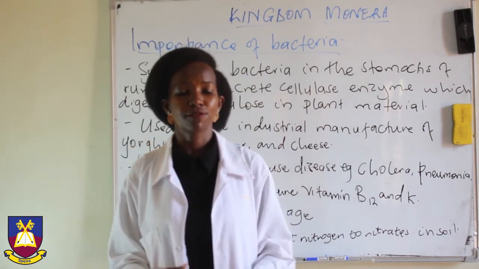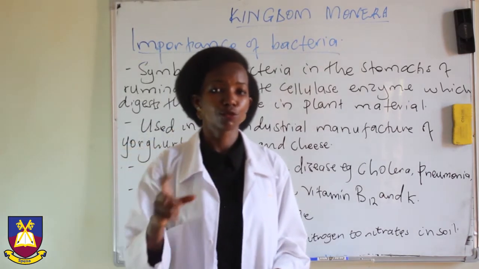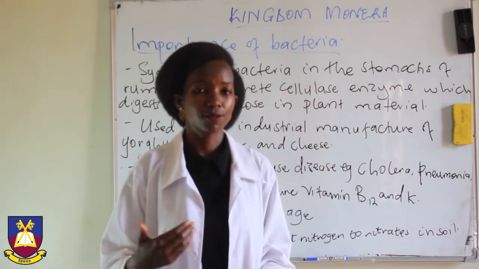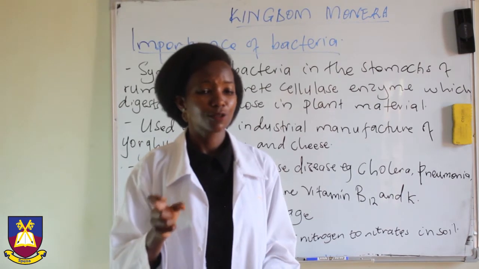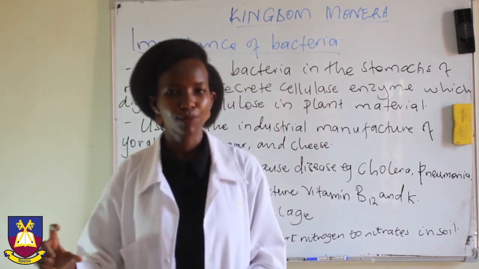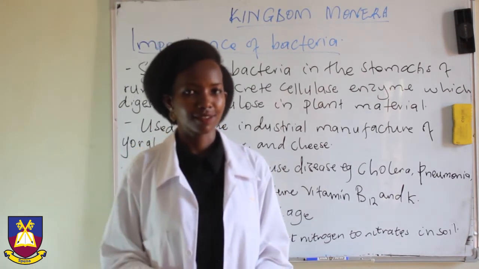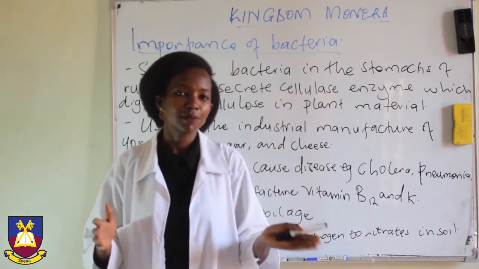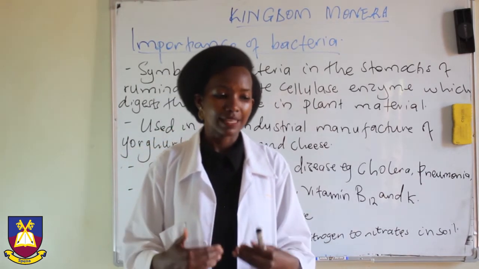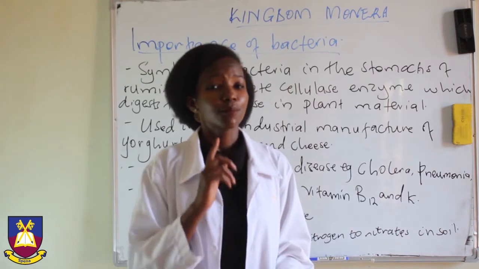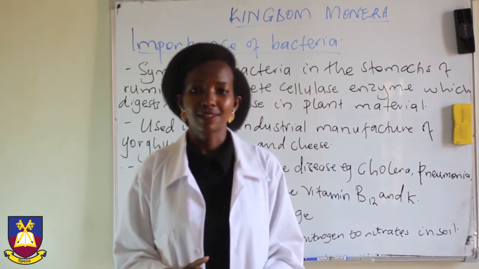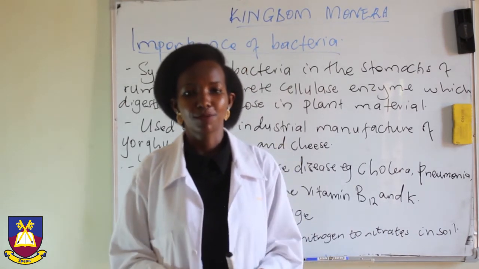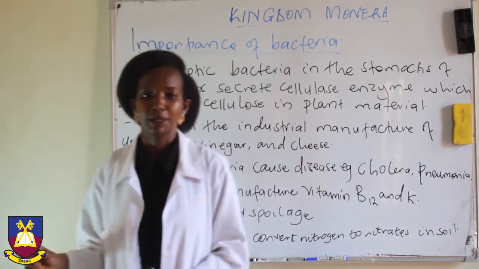Grass is made up of cells that have cellulose as part of their cell walls. Now, cellulose is very hard to be broken down thanks to these bacteria that enable these animals to be able to digest it. Actually, your body cannot digest the cellulose because you do not have that kind of bacteria.